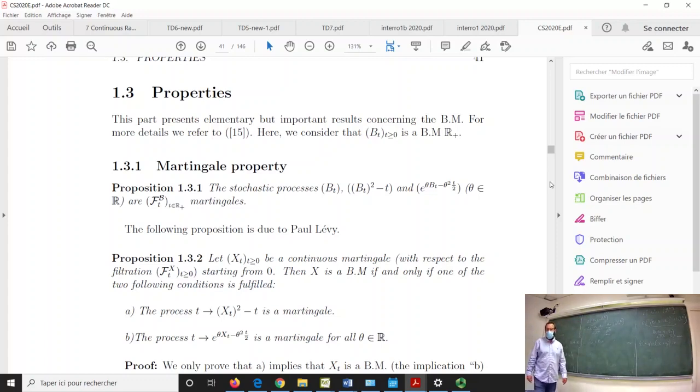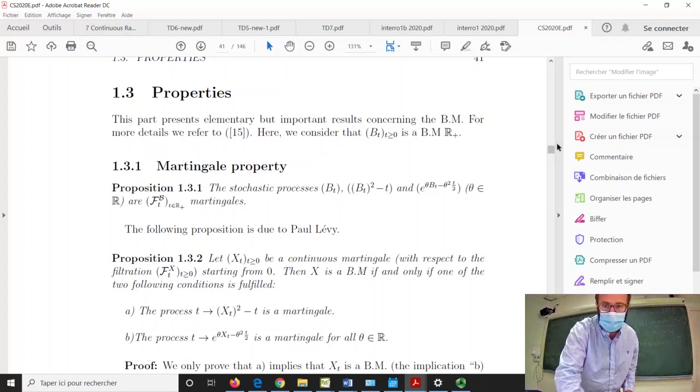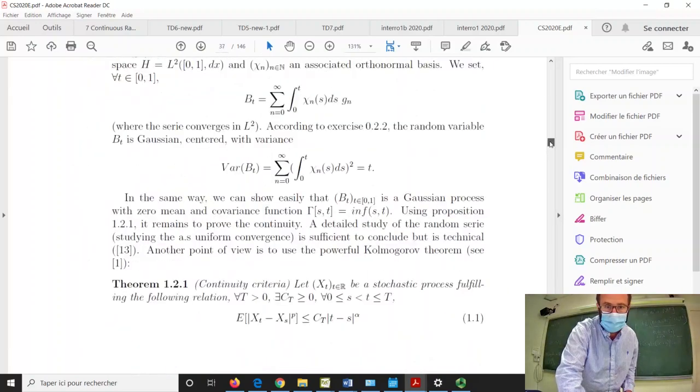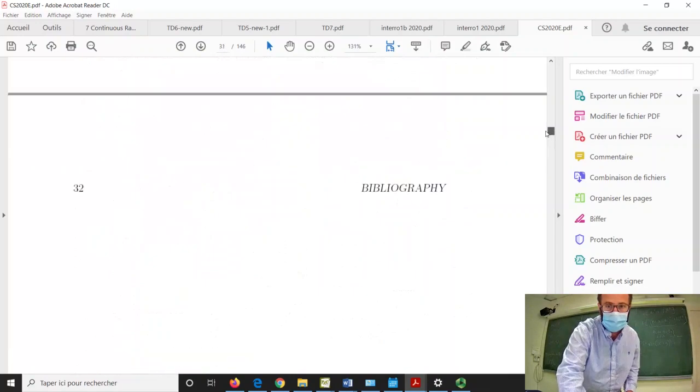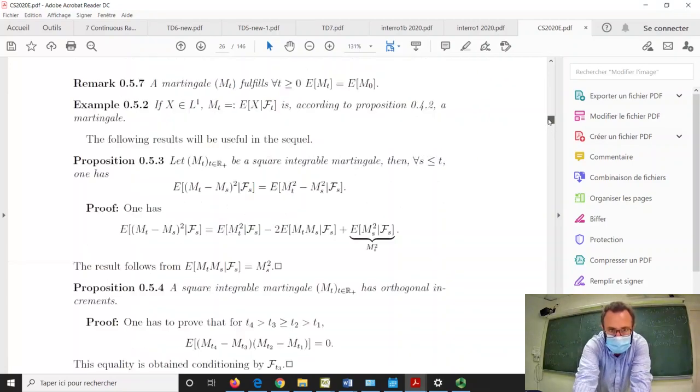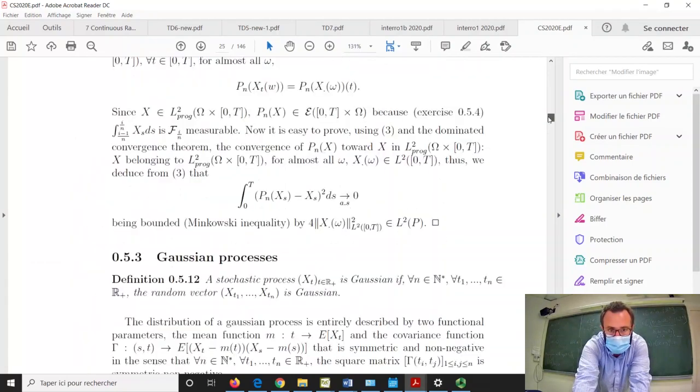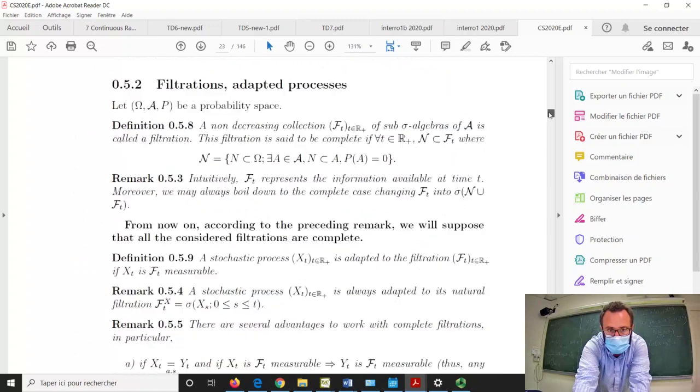In chapter 0, I have explained to you how to compute the conditional expectation of a mapping where I have a part that is independent and a part that is FSB measurable. I don't remember the name of the proposition. I don't have it here, but I will show you it. I have the lecture notes. It's the proposition, the last one concerning conditional expectation.